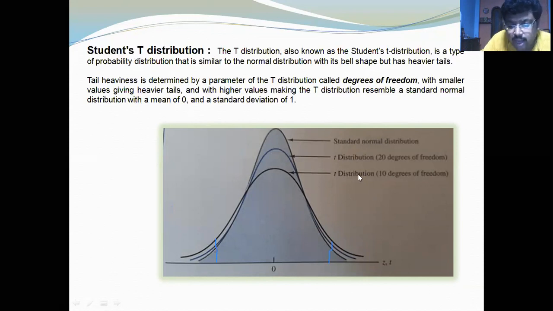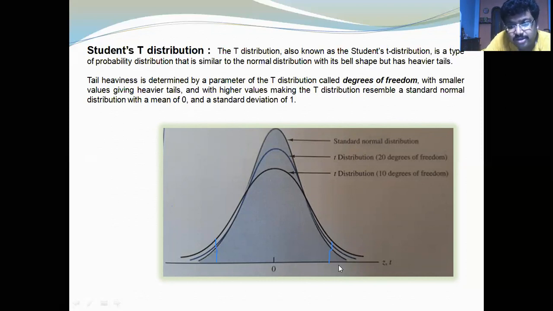Now, 1 minus alpha will be the area probability that a sample mean will provide a sampling error less than or equal to the sampling error in the statement. That is 2.34. Sampling mean differ from the population mean with an error equal to 2.34 years or less than 2.34 years. This area represents this.